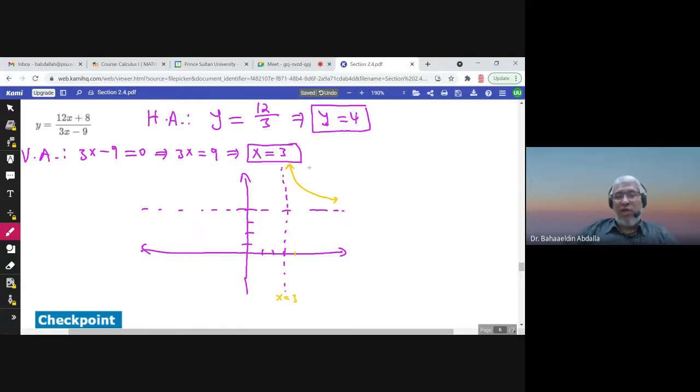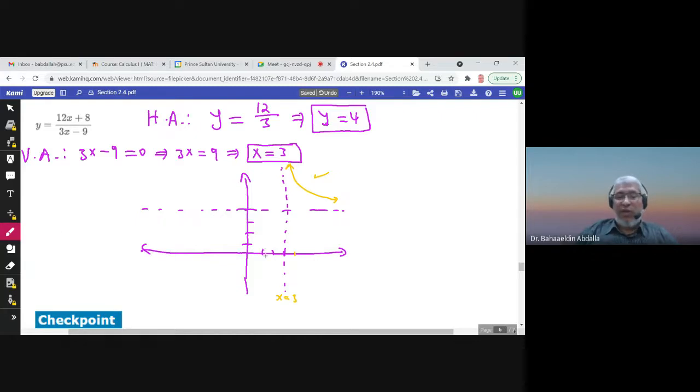In this square, you can say that the horizontal asymptote and the vertical asymptote divide the region into 4 squares. This is one square, this is the second, this is the third, and this is the fourth. Okay, the graph would be in 2 of these four squares. So this is 1 here.